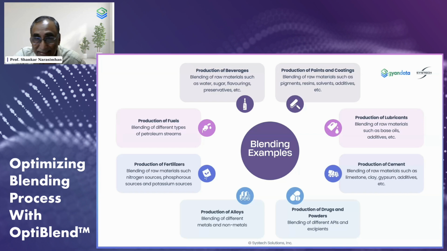So you find that these are not an exhaustive set of things, but there are common examples. You can see a wide range of industries where blending is actually used. And so, therefore, it's an important problem where you need to actually maintain strict quality control, and cost could also be an implication.